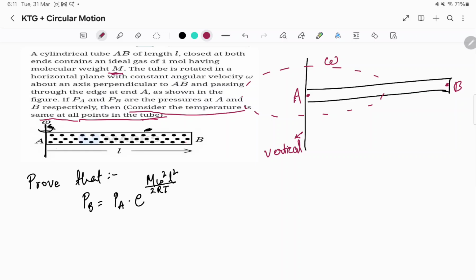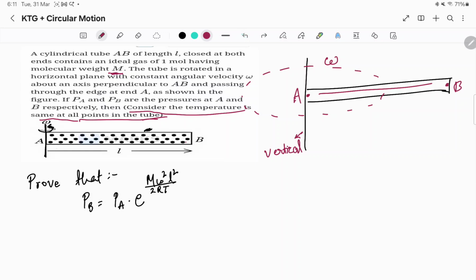This type of question we actually encounter in fluid mechanics, where a fluid is filled in the tube and we have to find the pressure difference across its ends. But here there is a basic difference.